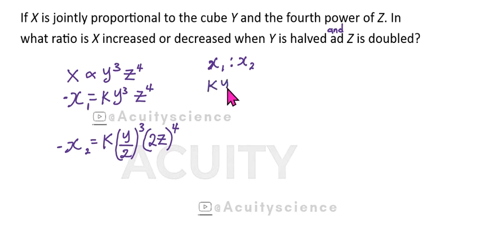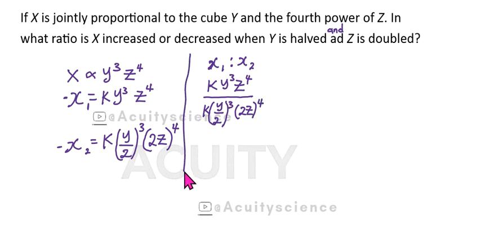So k y to the power 3 z to the power 4, divided by k times y divided by 2, all raised to power 3, and then we open that bracket there, 2z raised to power 4.